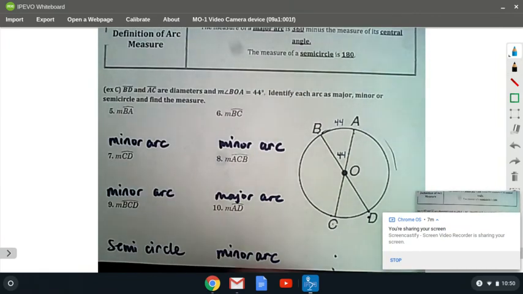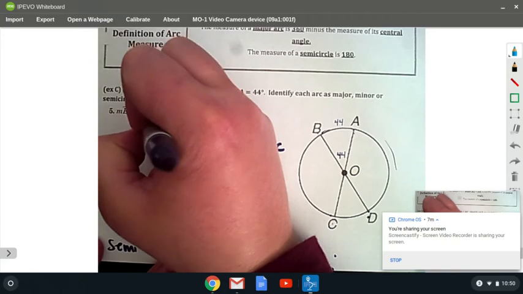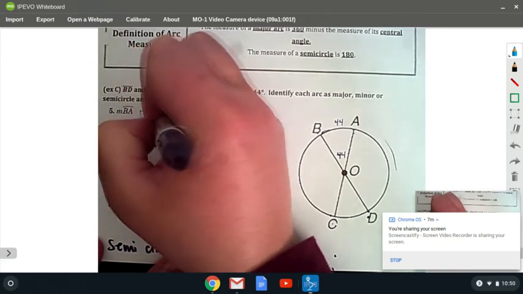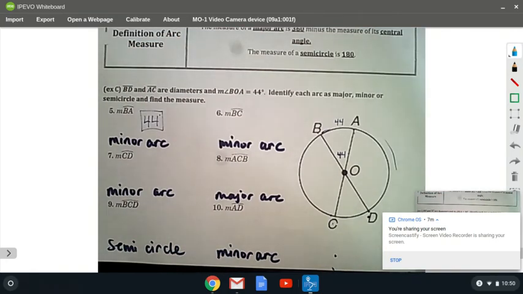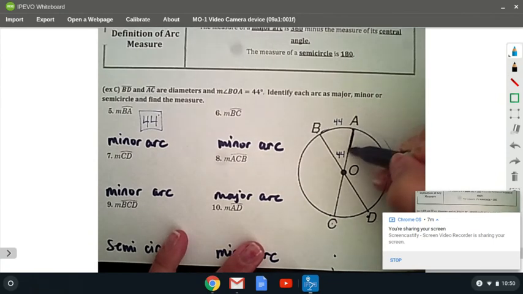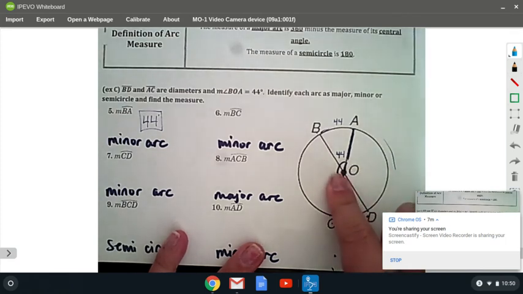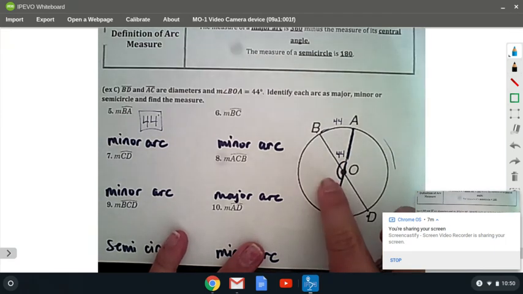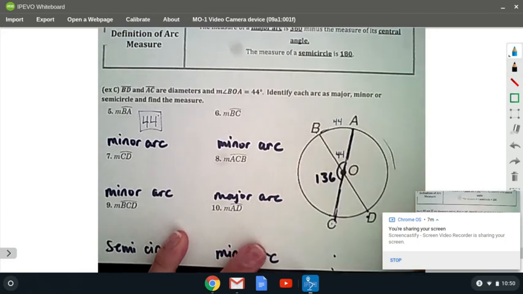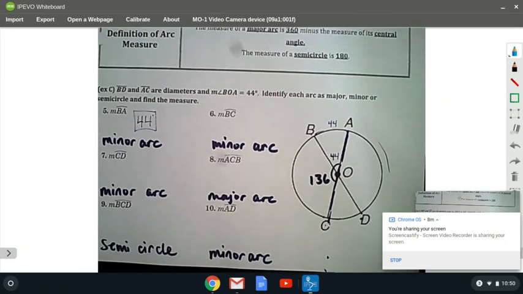So AB is 44 degrees. That's something we know right away. Now we also know that this is a diameter, meaning this would be 180.